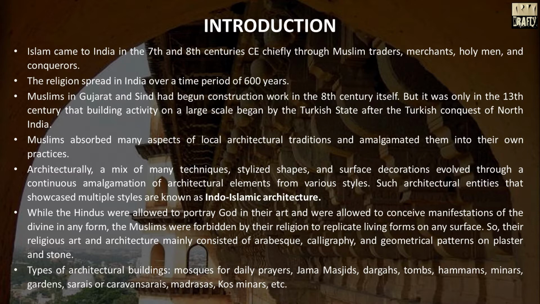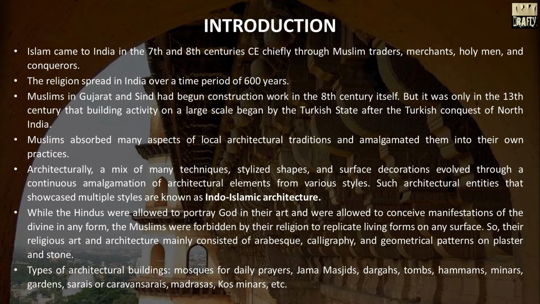While the Hindus were allowed to portray God in their art and were allowed to conceive manifestations of the divine in any form, the Muslims were forbidden by their religion to replicate living forms on any surface.